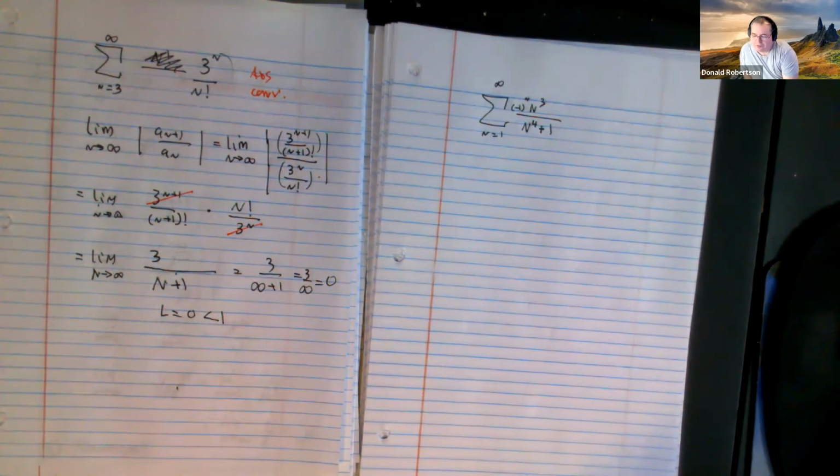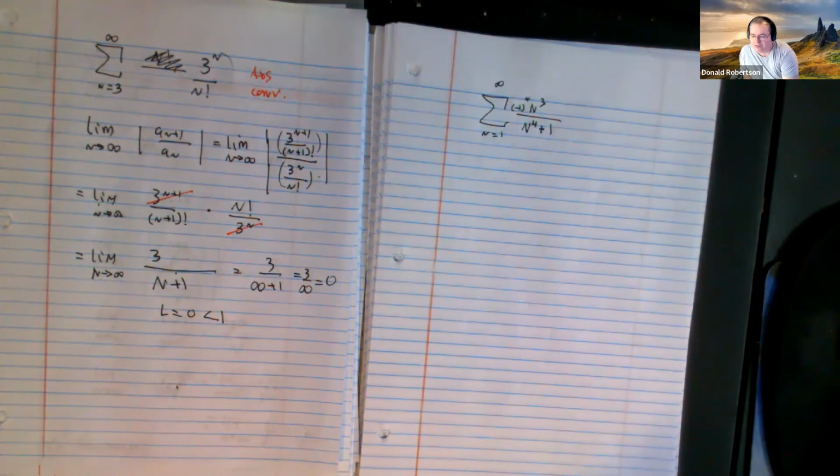So this one's going to be inconclusive. Fingers crossed, this is going to be inconclusive. I'm sure it will. And secondly, I'm picking this one because wouldn't this one be much better to do as an alternating series?